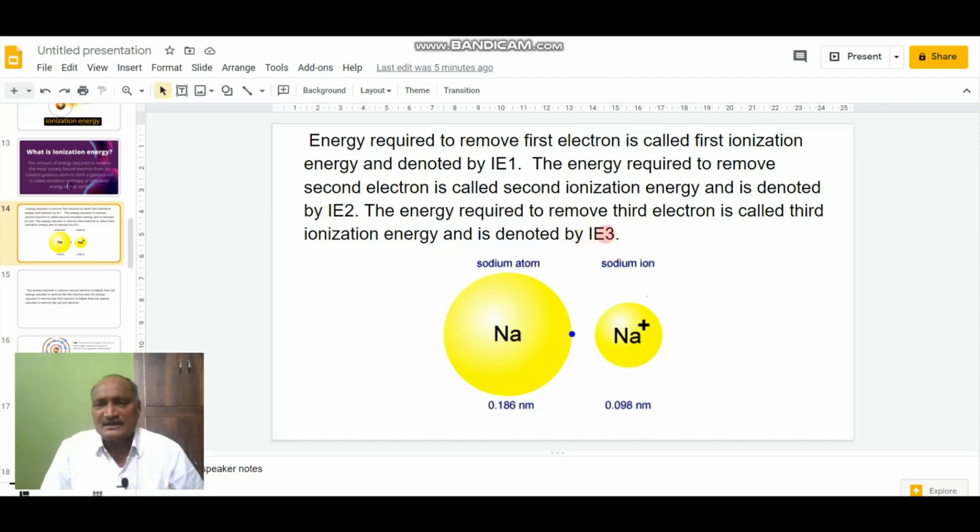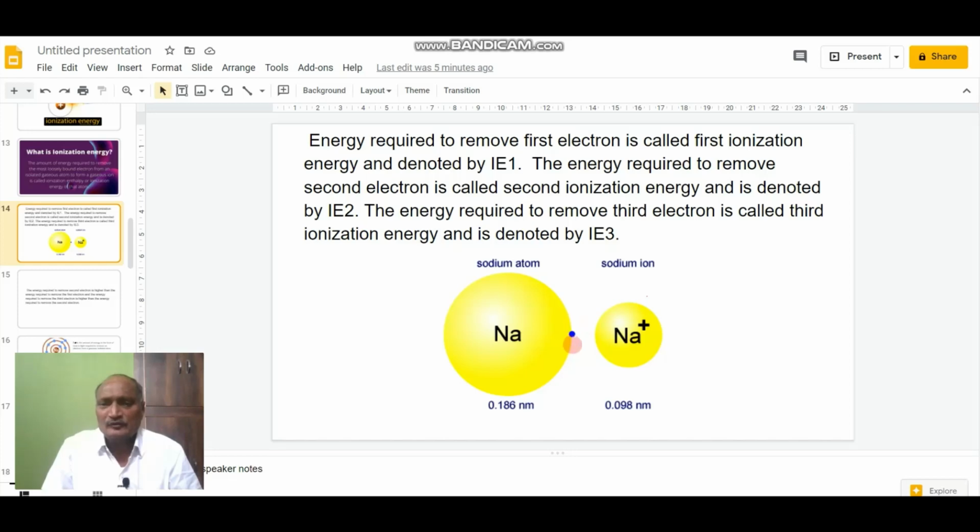Coming to the example of a neutral sodium atom, which has 11 electrons. In the valence shell, sodium has one electron in the 3s1 subshell.